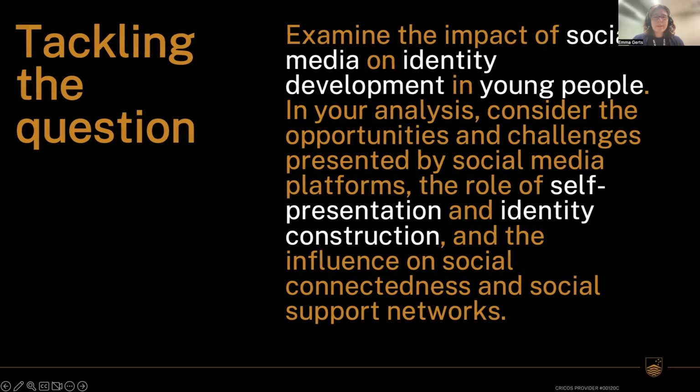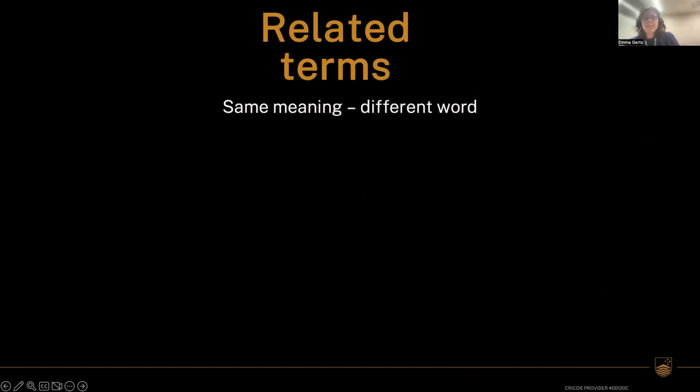And so once we've done that, the next step is to start looking at related terms. So this is basically different words or a different phrase that have the same or a similar meaning to our key concept. The reason that we need to find these related terms is that not everybody refers to a concept in the same way necessarily.